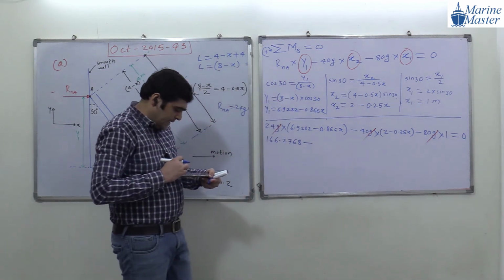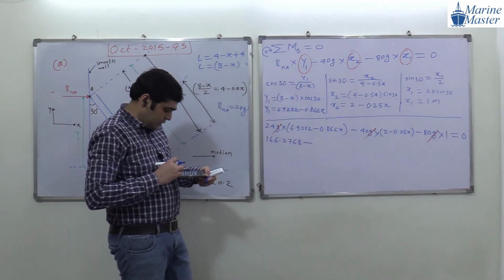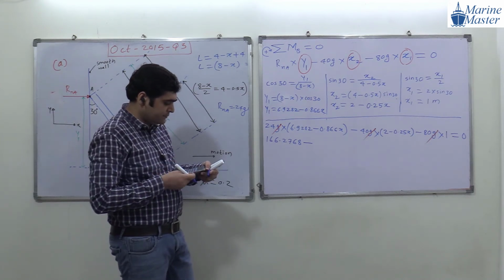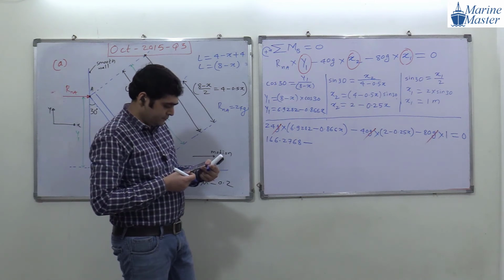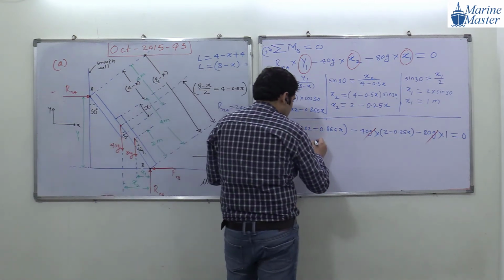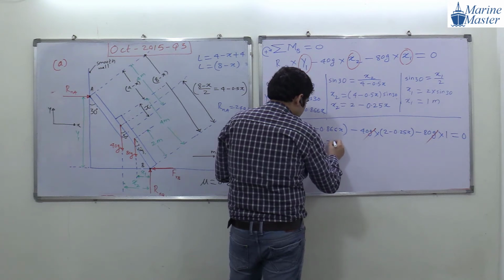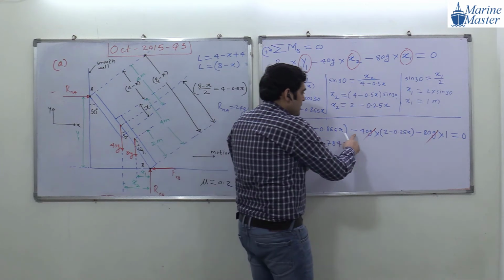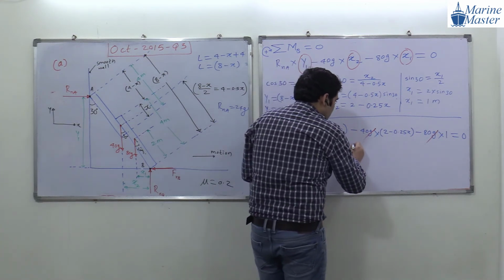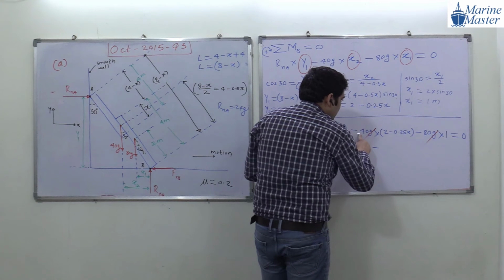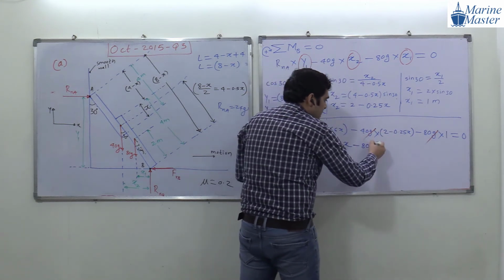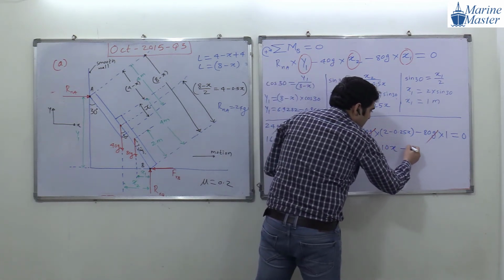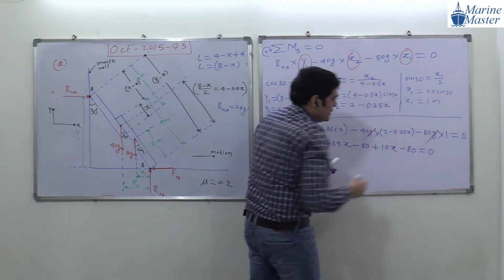Okay, don't forget any x, everyone. 24 into 0.866, how much are we getting? 20.784 into x. Okay, good. Then minus 40 into 2 is minus 80, and minus 40 into minus 0.25x will become plus 10x, and minus 80 is equal to 0. Guys, is anything remaining?